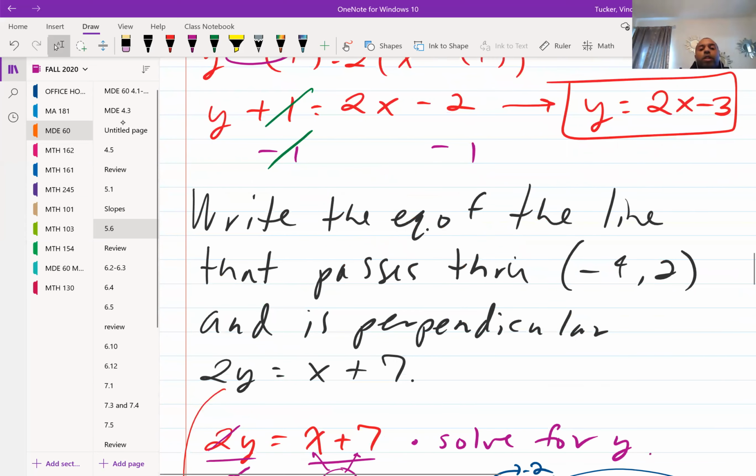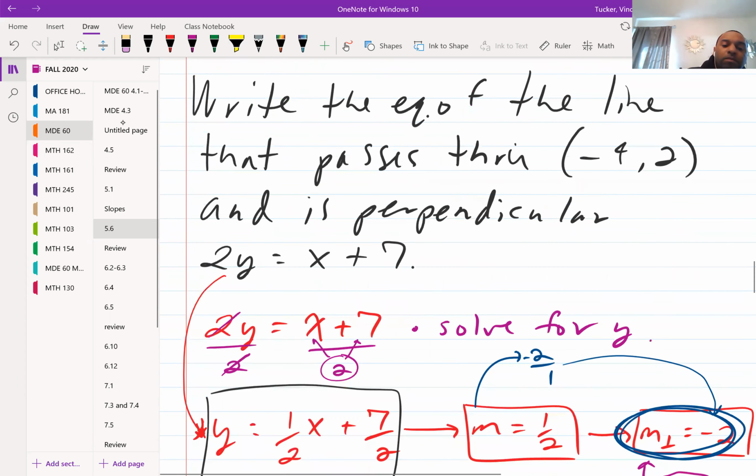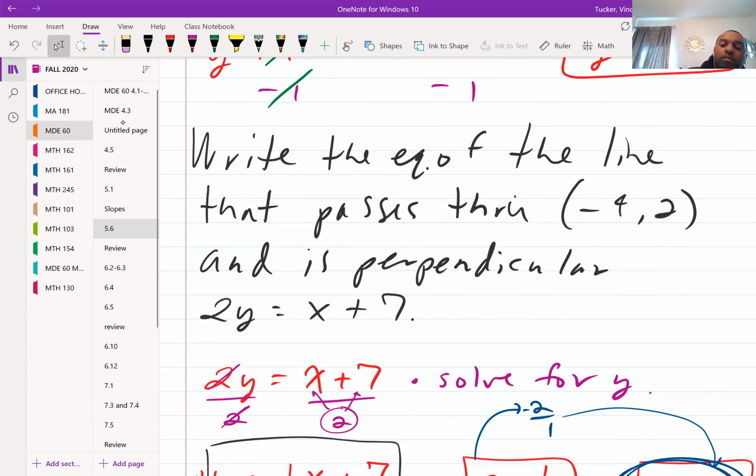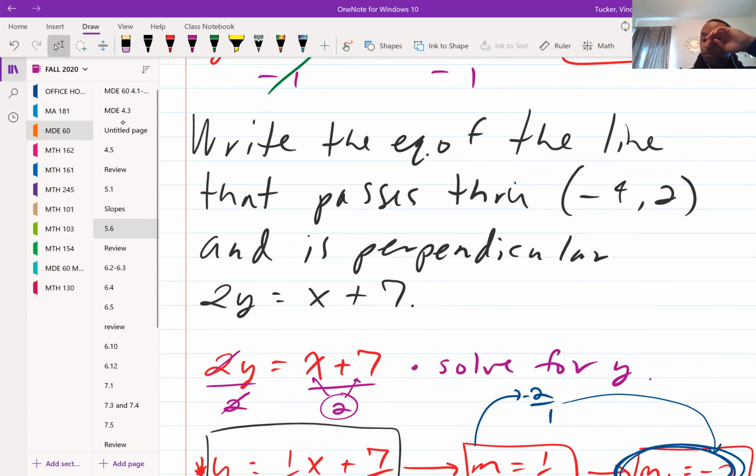All right. So the next one, we're going to write the equation of the line that passes through (-4, 2) and is perpendicular to 2y equal to x plus 7. So here the key is that the line that we want is perpendicular.